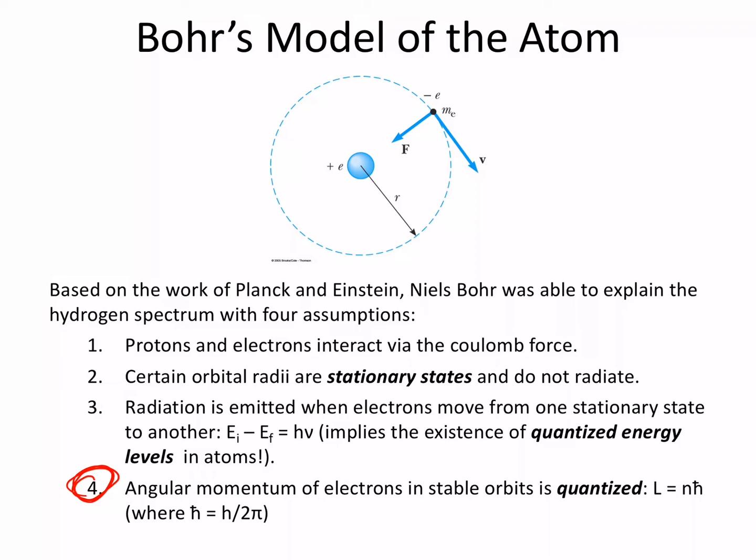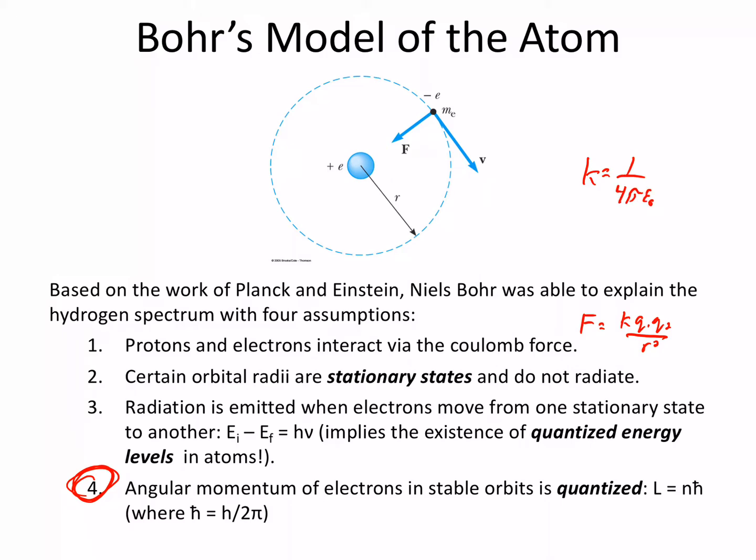So first of all, the only force involved here is the Coulomb force. So protons and electrons, the nucleus and all the electrons circulating around the nucleus have to interact via the Coulomb force, right? Q1, Q2 over R squared. And we know in this case that K is equal to 1 over 4 pi epsilon 0.